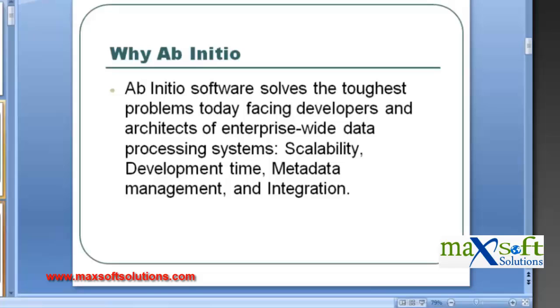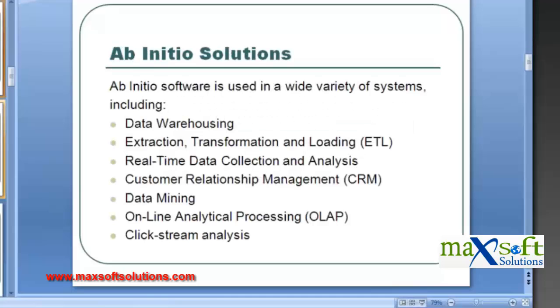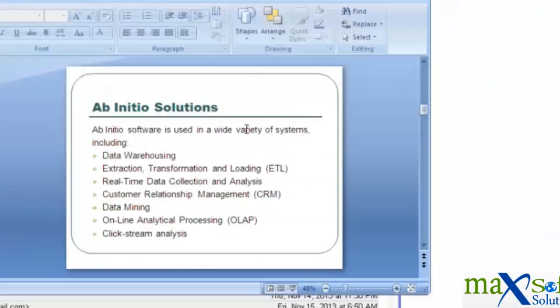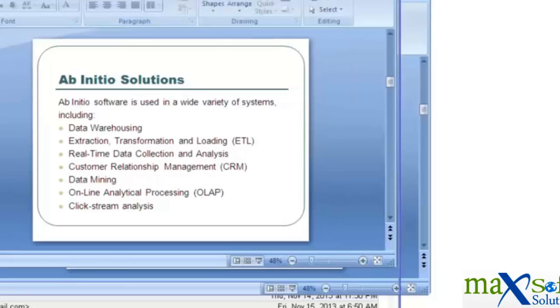Fine. Now, as I saw, these are the things depicted in this PPT. Now comes Ab Initio solutions. Ab Initio software is used in a wide variety of systems, including data warehousing.